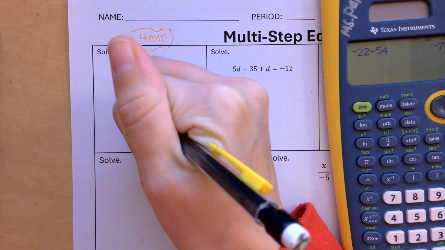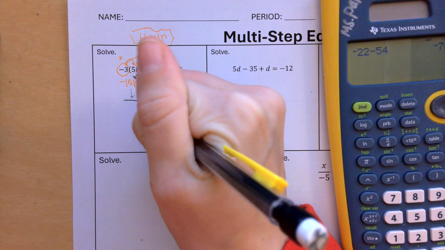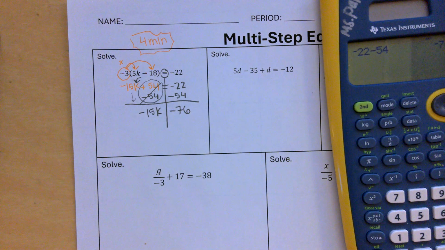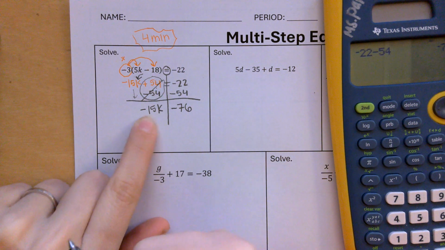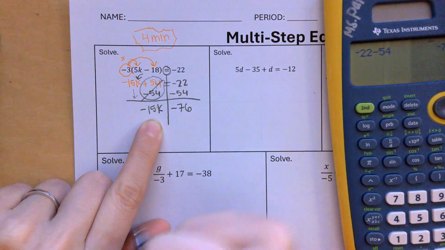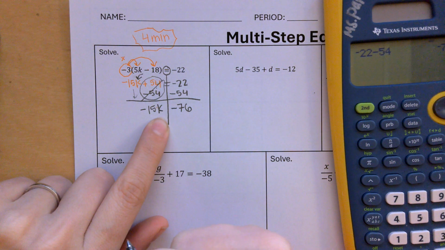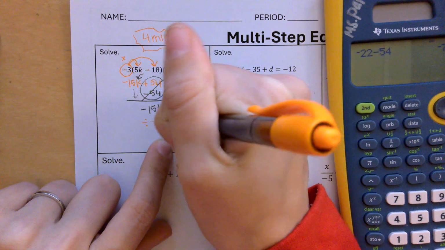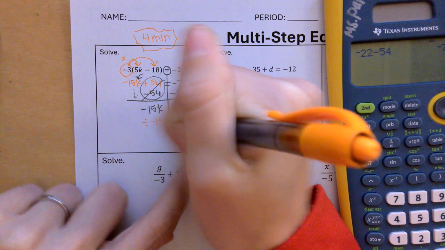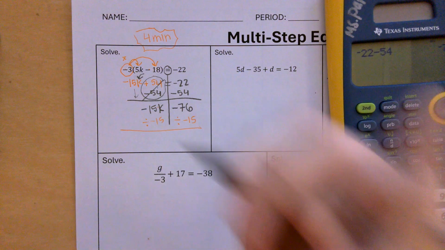Then we need to bring down that negative 15k. Biggest mistake that I always see is everyone wants to add 15. But that's not adding, that is invisible multiplication. So to undo multiplication, we are going to divide by negative 15. That's my second step.